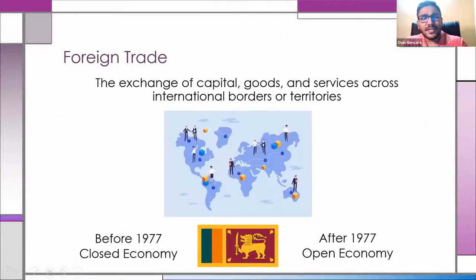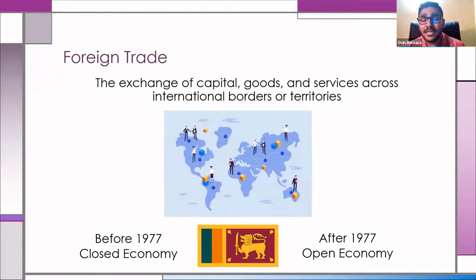So when it comes to foreign trade, what do we mean by foreign trade? Foreign trade means the exchange of capital, goods, and services across different countries, irrespective of the geographical borders, international borders, or other challenges.